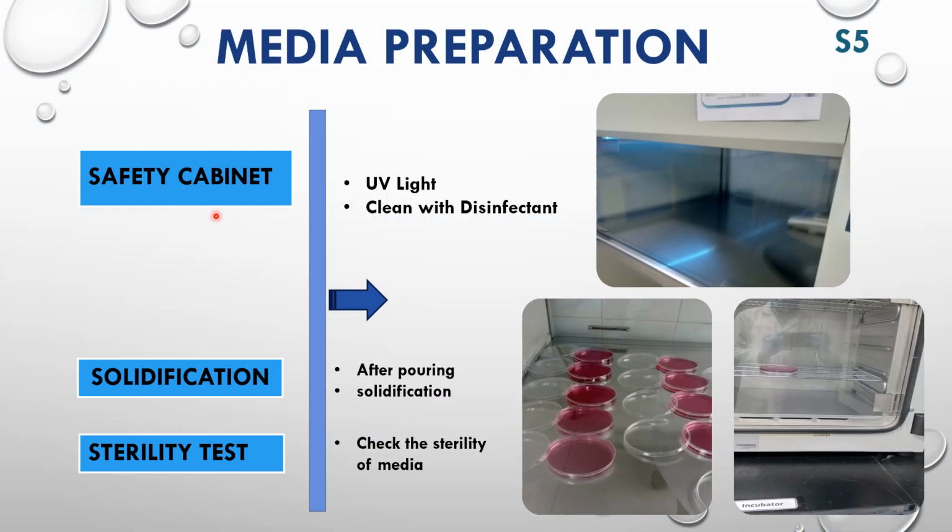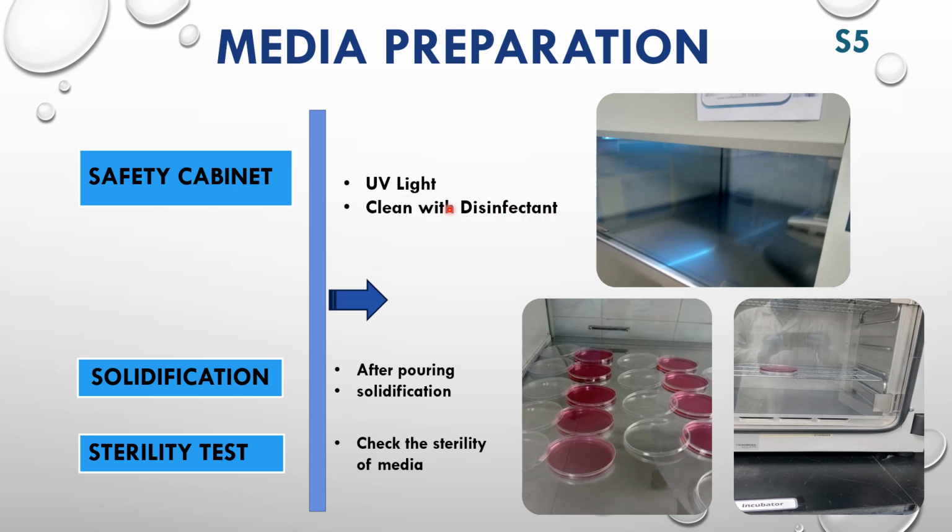Next, as we are going for plating, we need a cabinet, and cabinet sterilization and cleaning with proper disinfectants, either 70% ethanol or isopropanol. We also need to switch on the UV light for 15 to 30 minutes, whatever is recommended by your manufacturer or guidelines. We also need to pre-clean it before pouring our media.